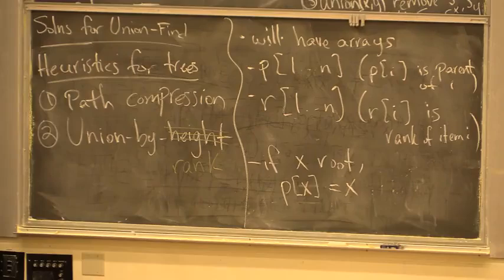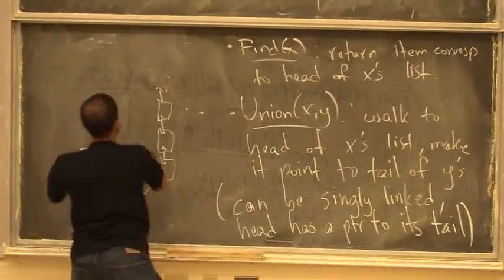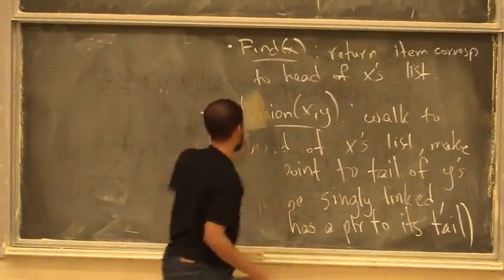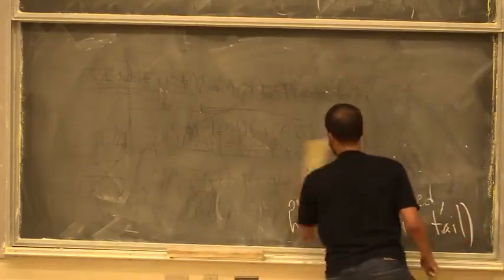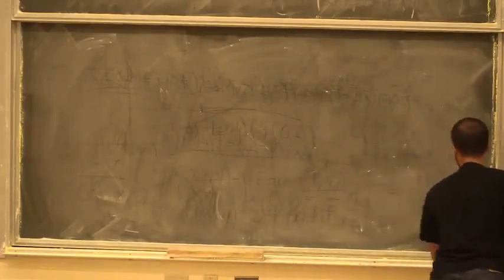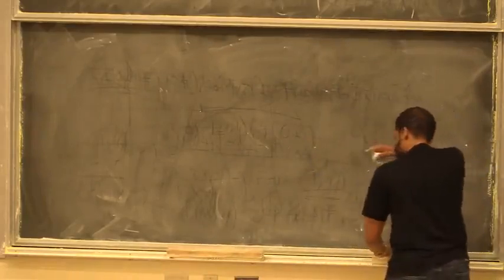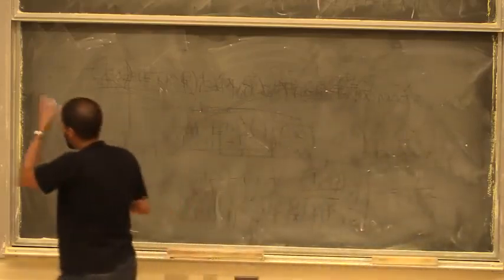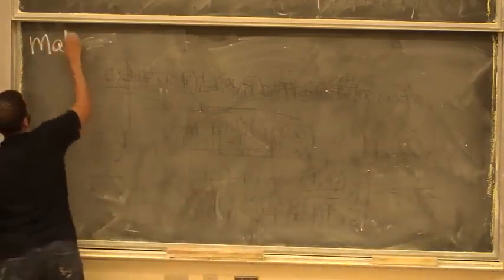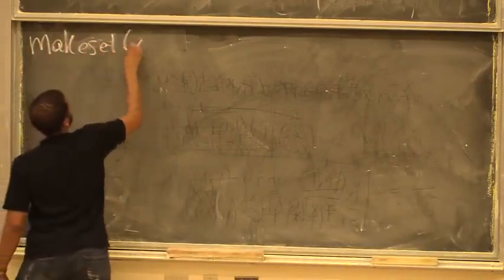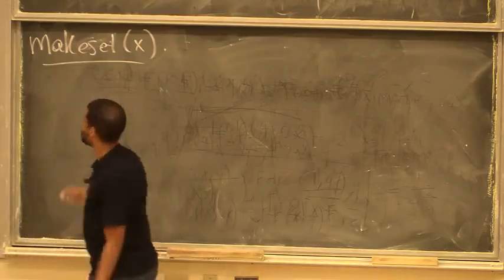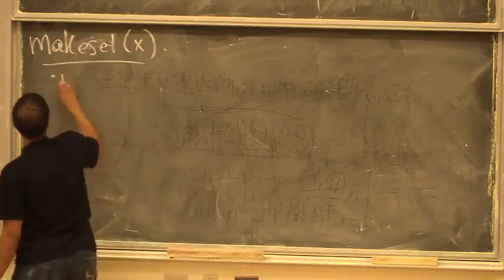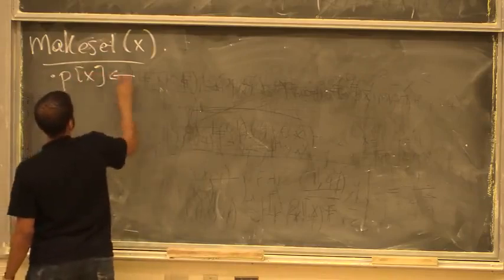Pseudocode. Now he's his own root, so I should set the parent of x to be x.